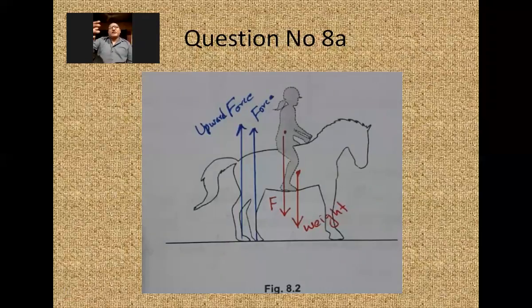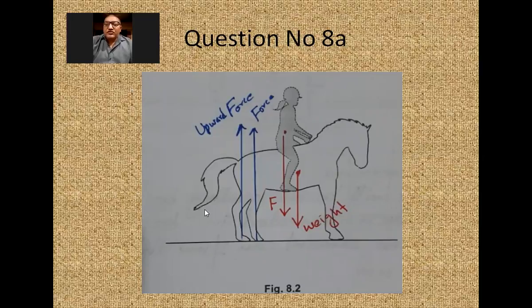They act on different bodies. One force will be acting on the horse, the other force will be acting on the rider.